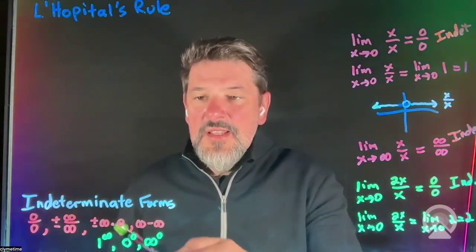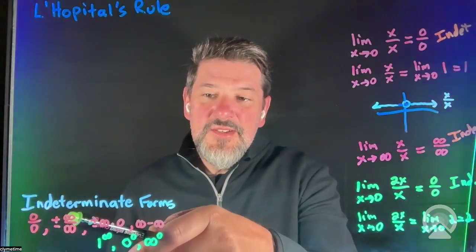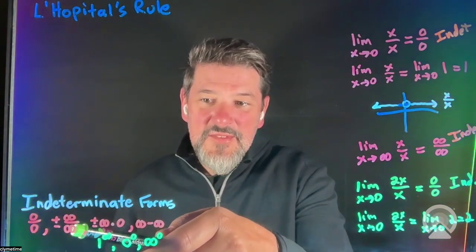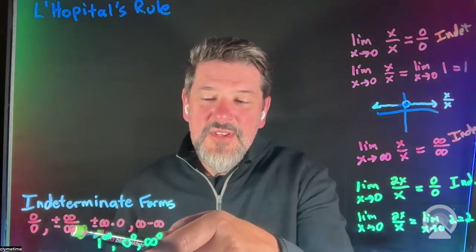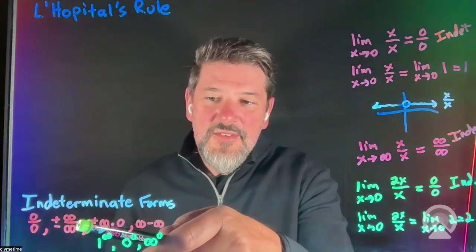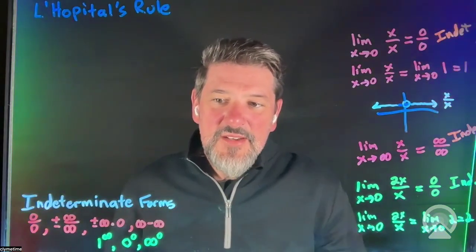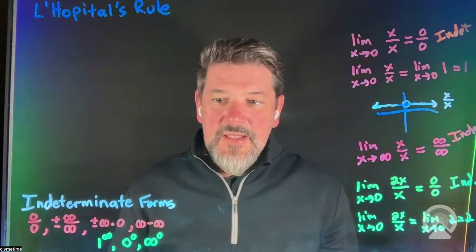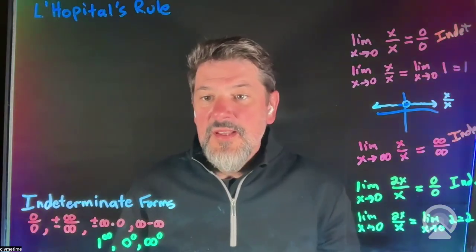That's considered indeterminate. If when taking a limit, you get positive infinity over positive infinity, or positive infinity over negative infinity, or negative infinity over either, so any combination of positive and negative infinity over infinity, that comes out to be indeterminate, which means the actual limit can be more than one thing.